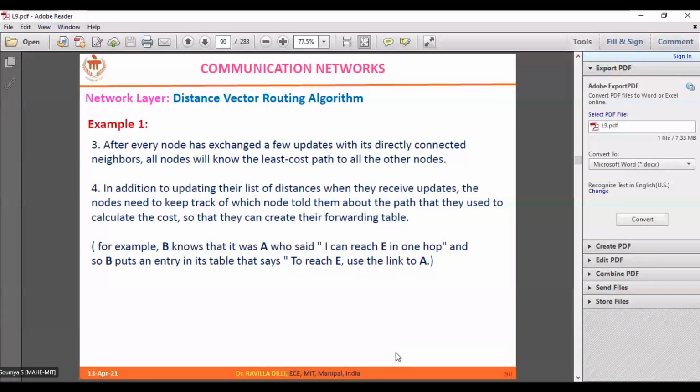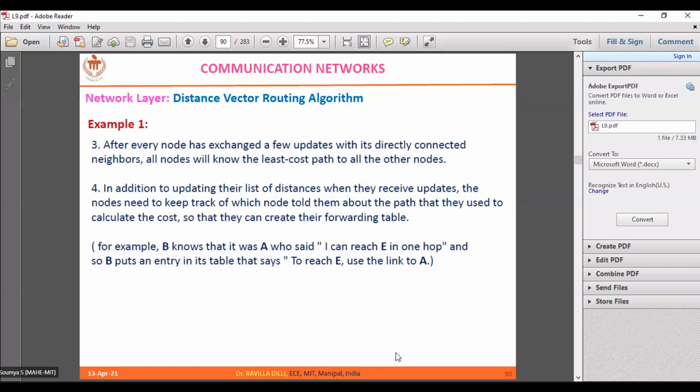So you have the least cost to my neighbors as well as your neighbors. That's how you're going to build your network. Now, in addition to updating their list of distances when they receive the updates, the nodes will also have to keep track of which node told them about the path that they used to calculate the cost. Why is it important? Because they should know where the update came from.